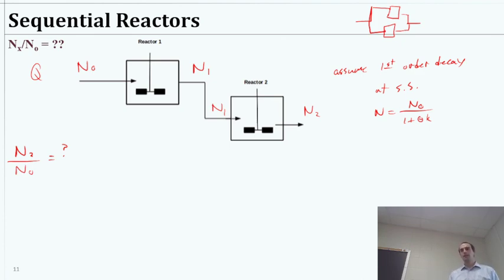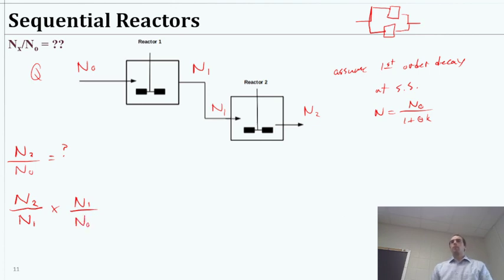You've had a minute to think about this and think about how you might approach it. So let me go ahead and give you the shortcut here, or the way to do it would be to remember that you know something about the N2 over N1. That's in the design. You also know something about N1 over N naught here.